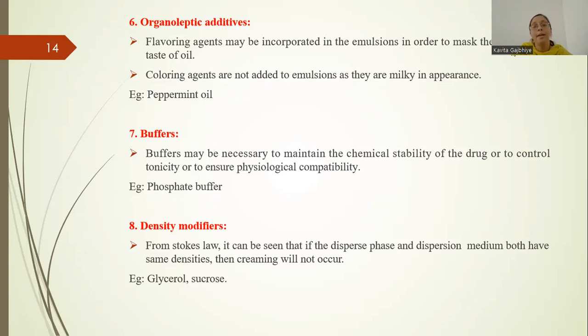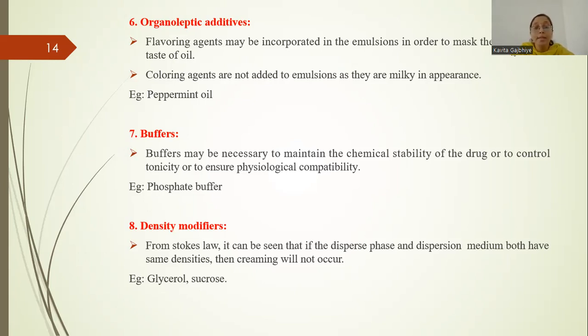Basically, these may be added to maintain the chemical stability of the drug, or to control the tonicity, or to ensure the physicochemical properties or physiological compatibility of your formulation. But the basic role of buffer, as we know, is to maintain the pH of the formulation. So many a time phosphate buffer, borate buffer, and acetate buffer can be used in the preparation of emulsion.